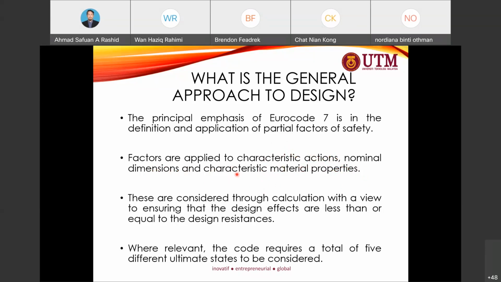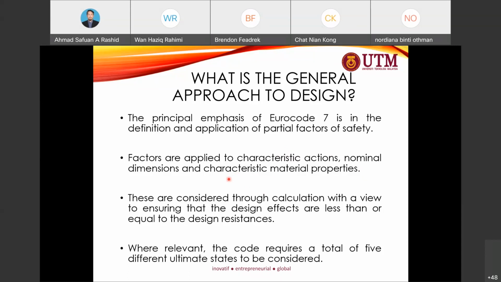These are considered through calculation with a view to ensuring that the design effects are less than or equal to the design resistance. Where relevant, the code requires a total of 5 different ultimate states to be considered.